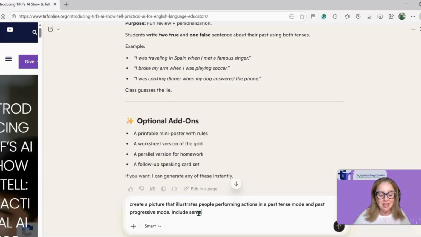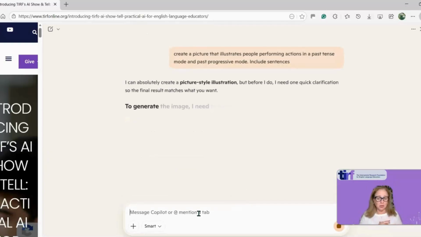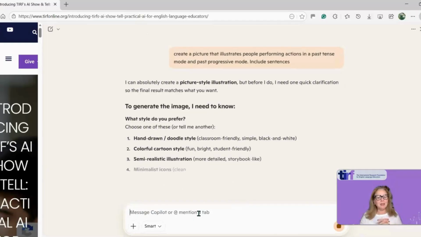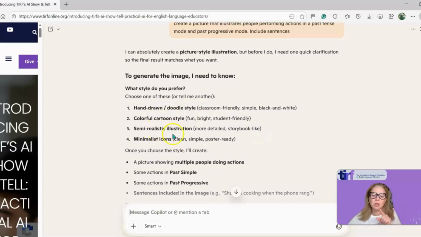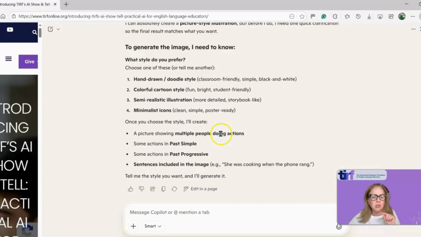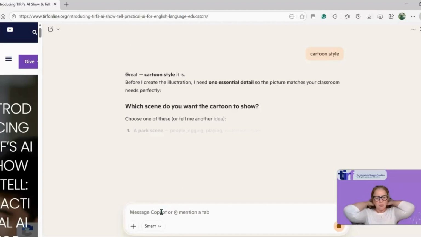Include sentences. So this last one, when I put include sentences, I put it on purpose. It gives me options here, you see. Hand-drawn or doodle style, colorful cartoon style. I will put a colorful cartoon style or just cartoon style. Let's see what will come out of this.